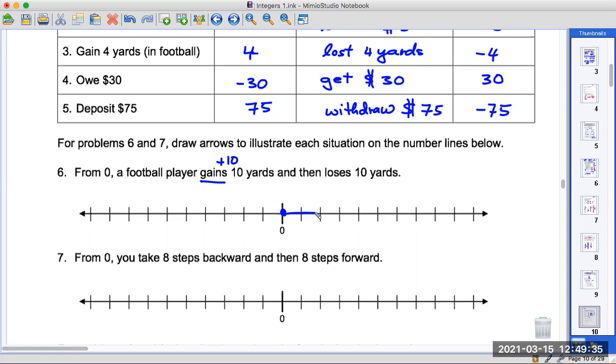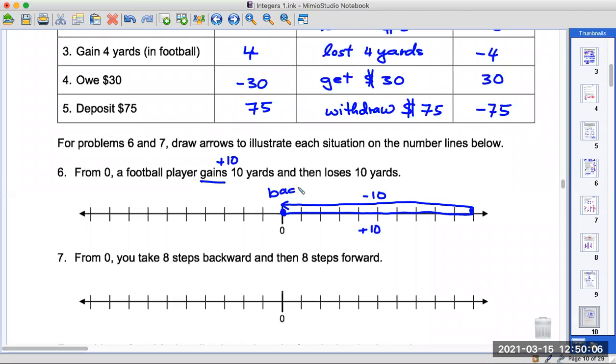So he goes from here to here, gains 10 yards, and then what happens? So go up a little and go back. Just a little bit and draw an arrow. Do you see how I did that? To show 2 lines, you got to go up a little bit, yeah? So first he gains, so that's +10 and then -10, and he's back at 0.